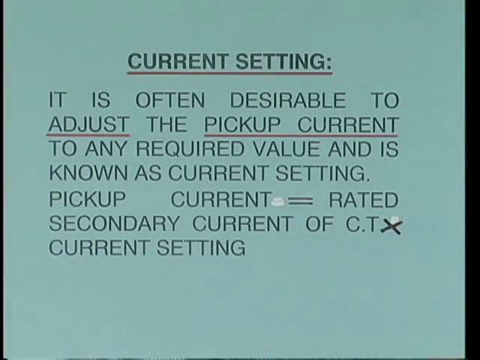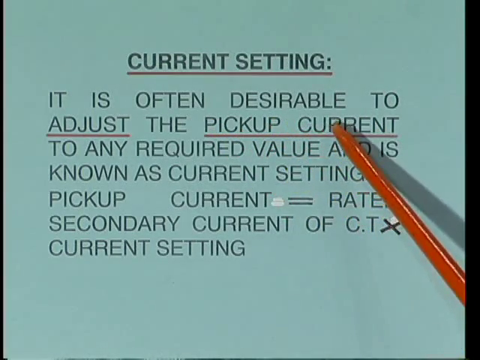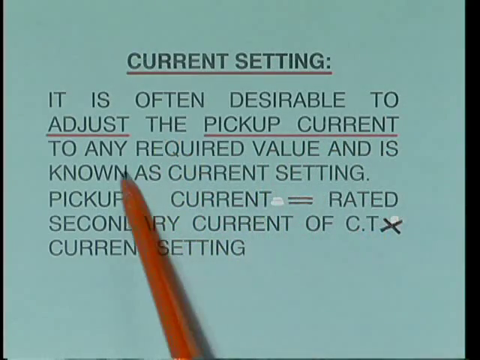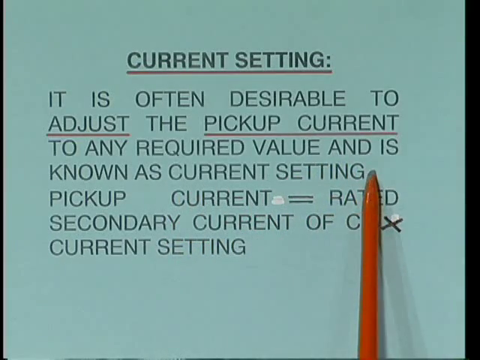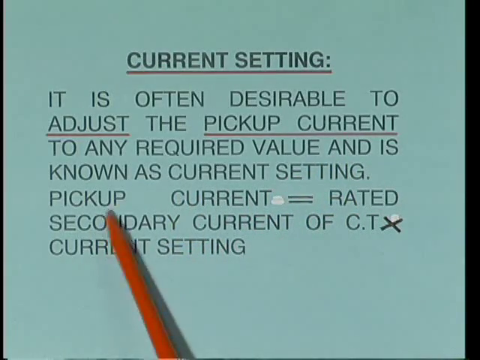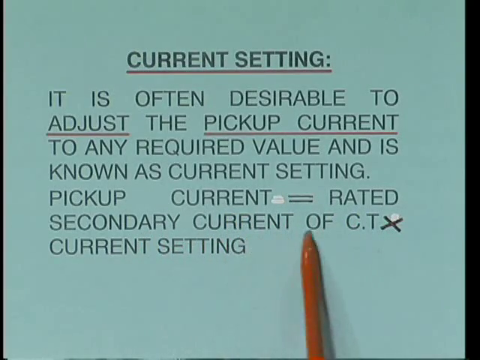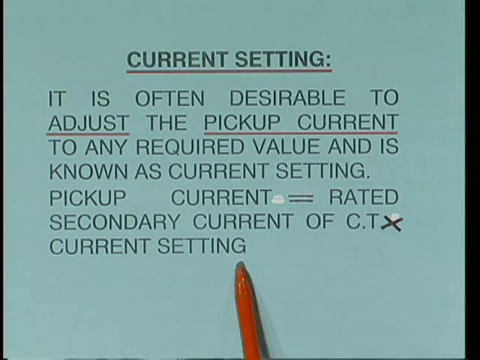Next one is current setting. It is often desirable to adjust the pickup current to any required value, and this is known as current setting. Pickup current equals the rated secondary current of the CT, that is current transformer, times the current setting.